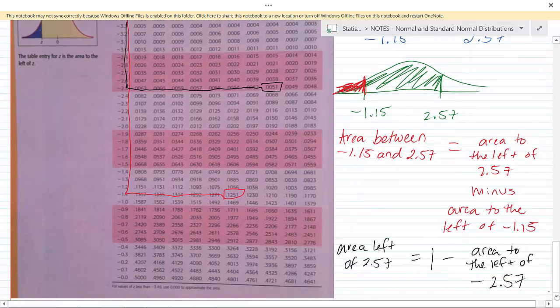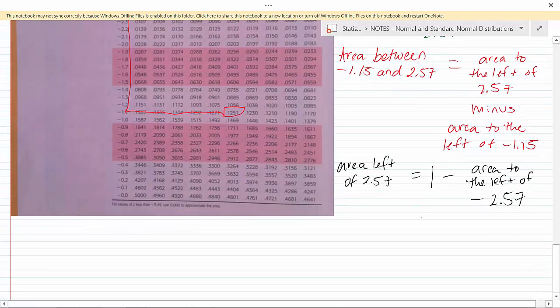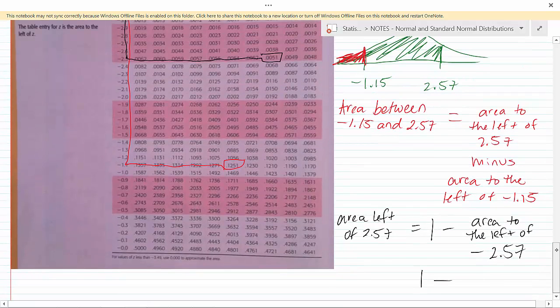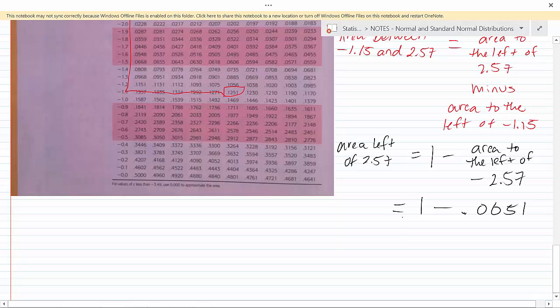So the area to the left of 2.57 is 1 minus 0.0051, which is 0.9949.